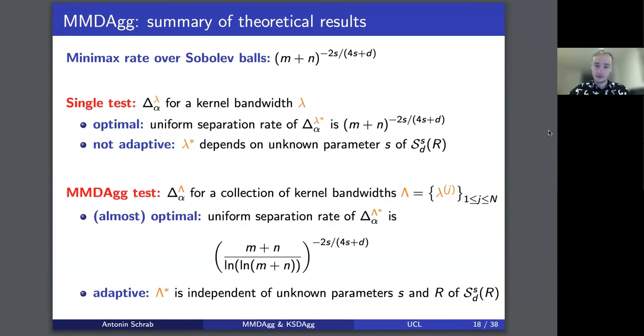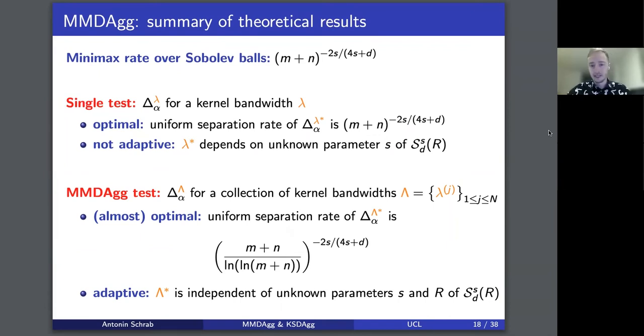Just as a quick summary, for the single test, this is for a fixed bandwidth. We can show that for some specific choice of bandwidth, it's optimal. However, the specific choice of bandwidth depends on s, so it's not adaptive.